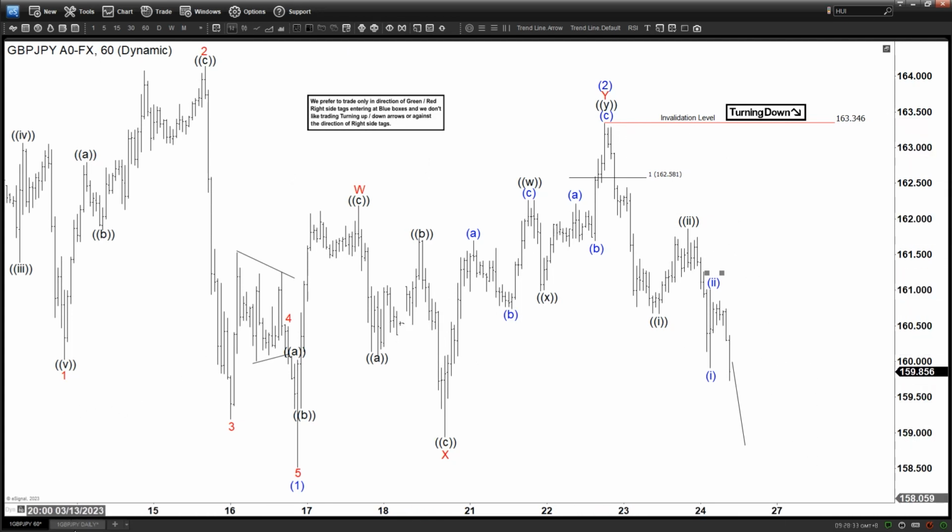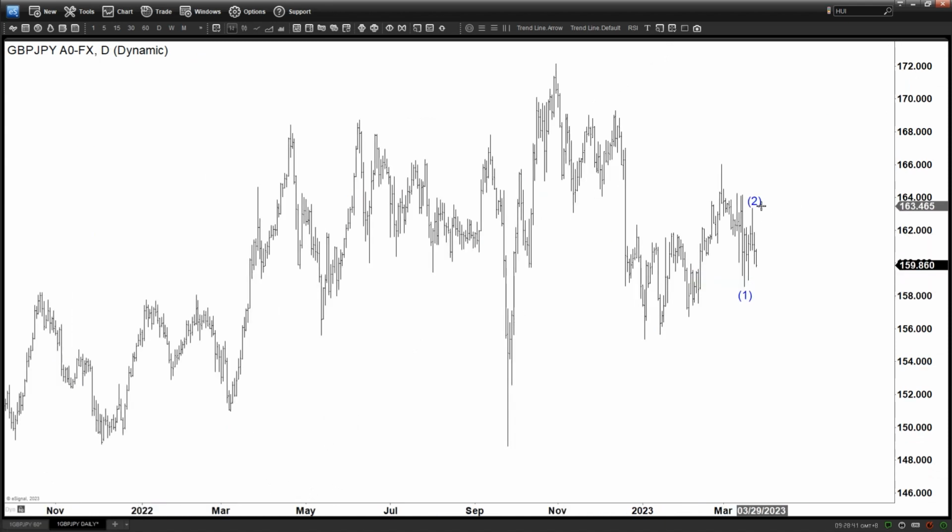Now, if I look at the daily time frame, I'm gonna copy this one in the blue color in the daily time frame, which is over here. Now you can see we have this leg here, right? And we also start a new leg here as a 5 waves 1 2. So if this is gonna go down in a 3, right?